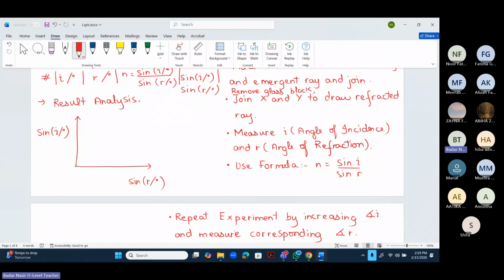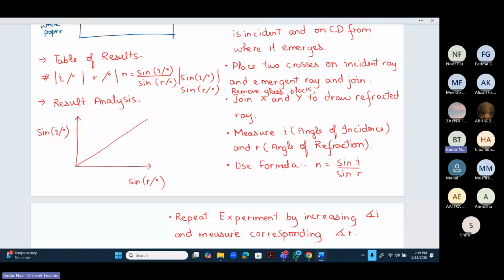And the gradient of this graph, what will it be equal to? That will give us the refractive index. Why? Because on the y-axis if you have sine of angle of incidence, and on the x-axis if you have sine of angle of refraction, the gradient is going to give you the refractive index for the glass block.